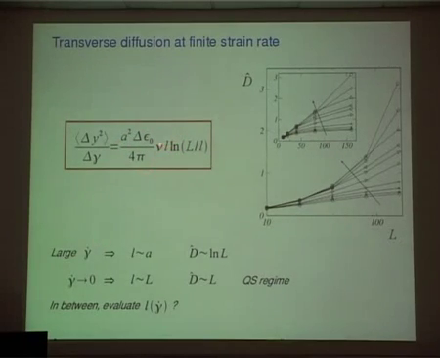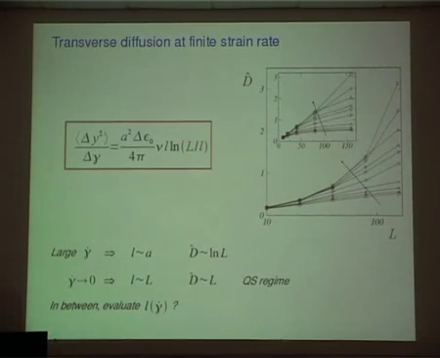Now, in the limit where, imagine an avalanche contains a single flip, it's the limit where this L is just the size of one region, of one zone. If I put that here in this expression, I recover a log L behavior.